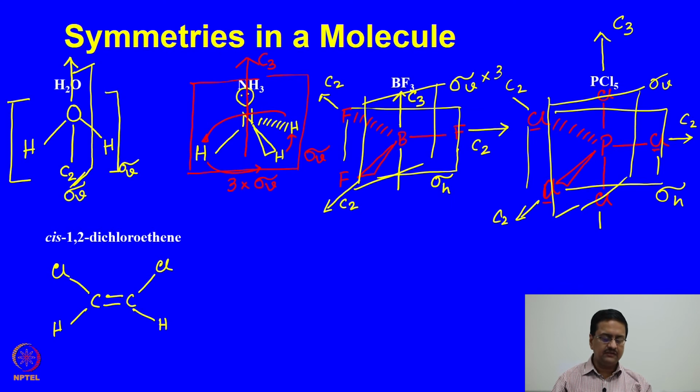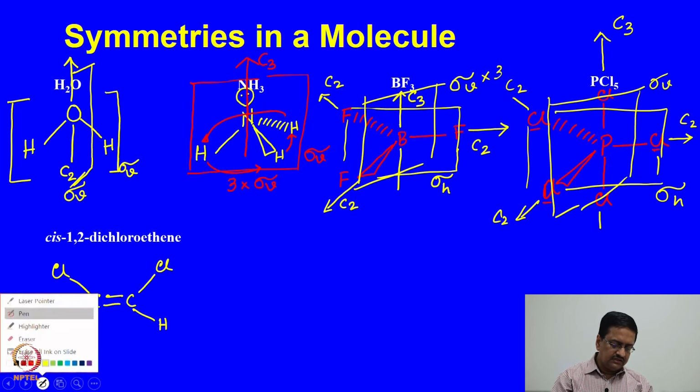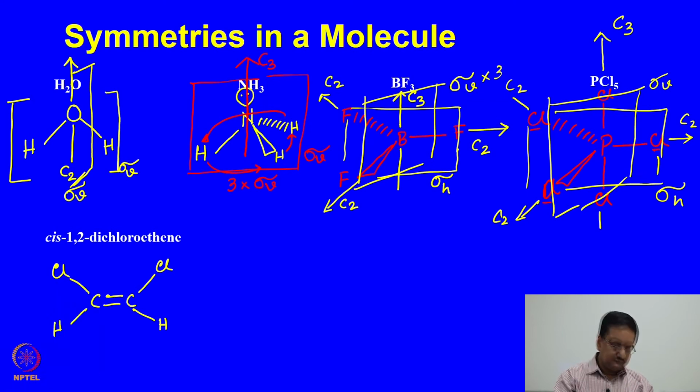So, what symmetry elements can one find in this? See, the way that I have drawn it, the entire molecule is on the plane of the board. If I draw the symmetry elements in red, a twofold axis which bisects the bond is my C2.